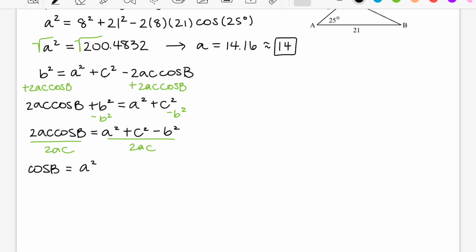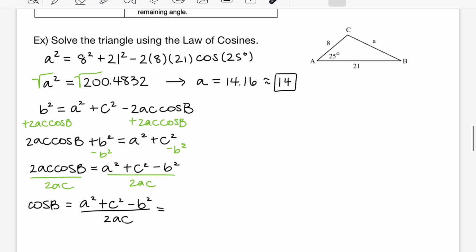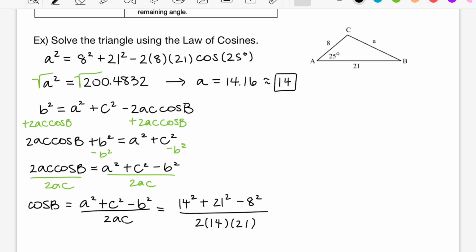So cosine of B is going to be this here. So what we can do is plug in this information. We have our side lengths A, B, and C. We'll have 14 squared plus 21 squared minus 8 squared on the top, and then 2 times 14 times 21 on the bottom.